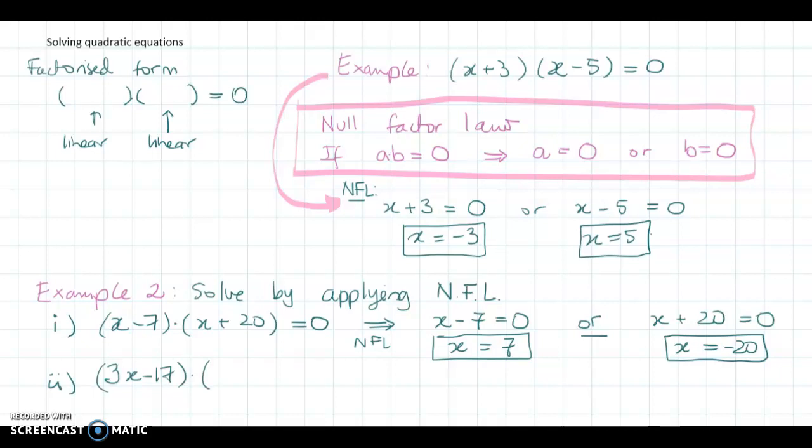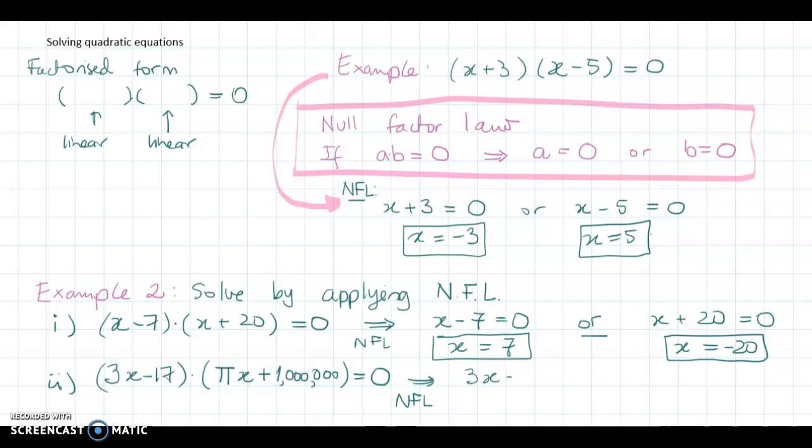For the constant multiplying the x, I'm going to write pi, so (pi x + 1 million), and I want this to be equal to 0. It doesn't matter, I can write it as complicated as I want. By the null factor law, the solutions can be found by setting the expressions inside the brackets equal to 0. Those expressions are linear, so no matter how crazy they look, we can solve them.